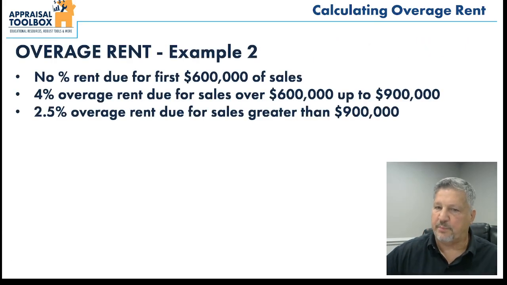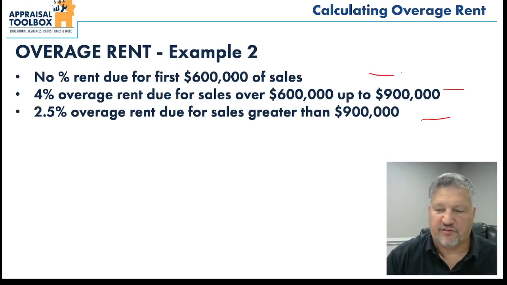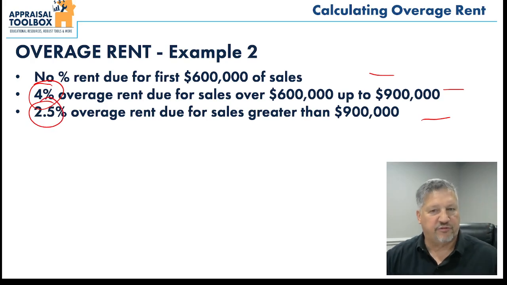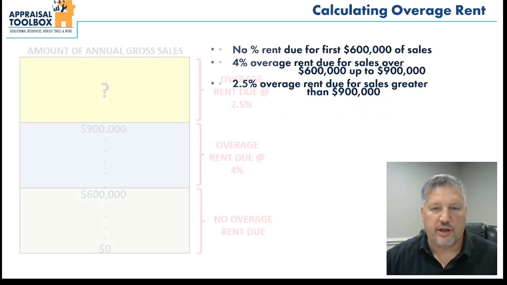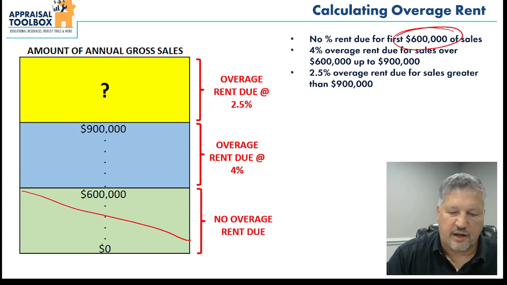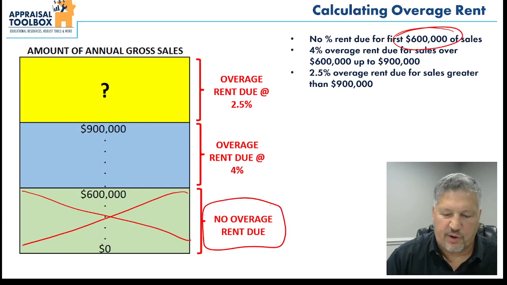Now, where these problems get a little tricky is if we have multiple tiers of sales and we have changing percentages that apply to the volume of sales. So let's take a look at an example here. If the sales volume is $600,000 or less, that's this category right here, there's no overage rent due.